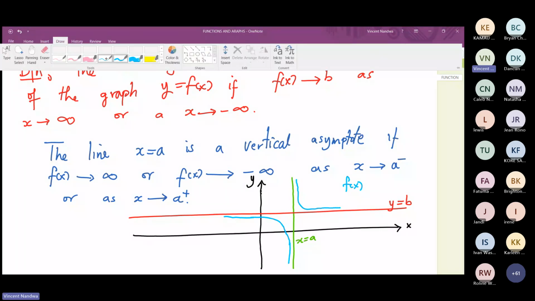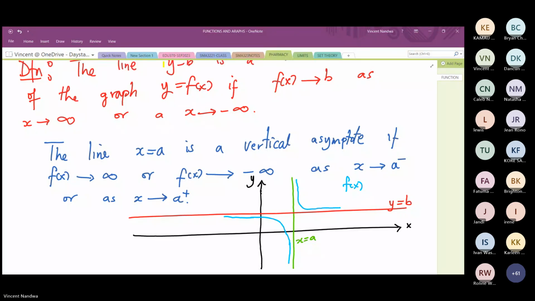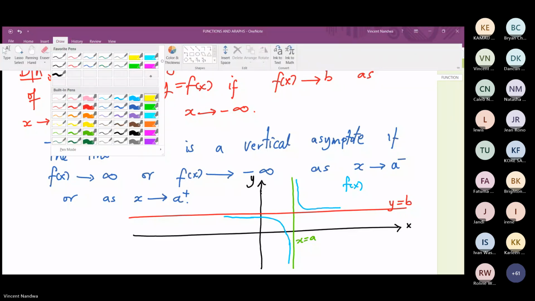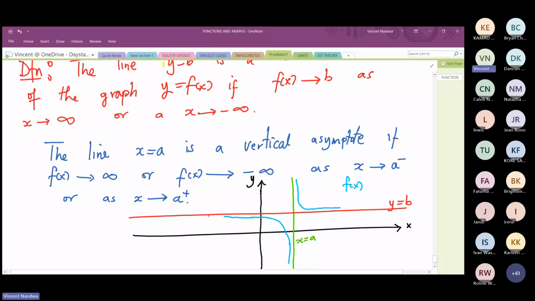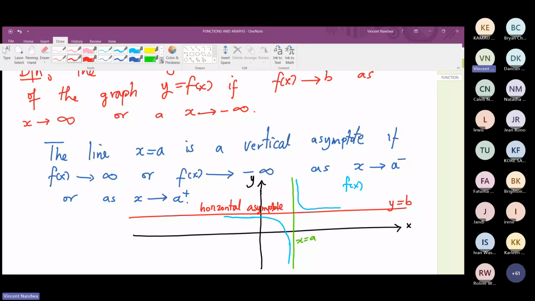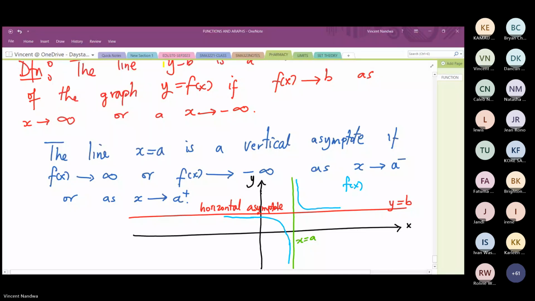So this red line is what we call the horizontal asymptote, while this greenish line is what we call the vertical asymptote.